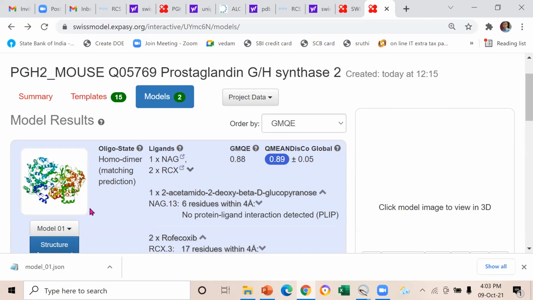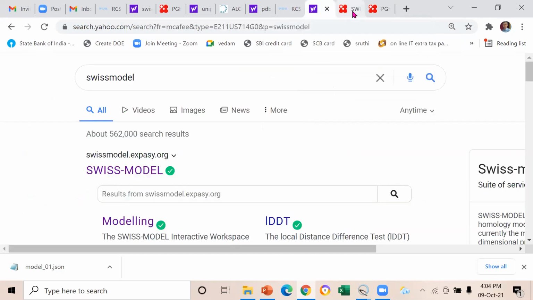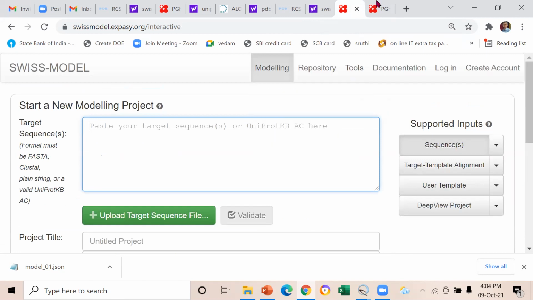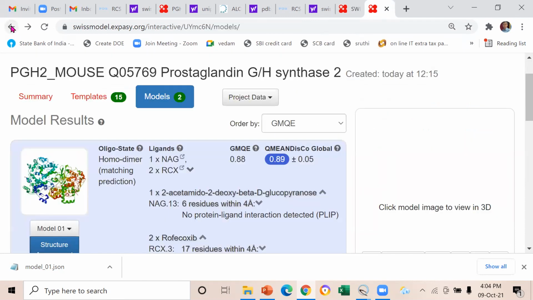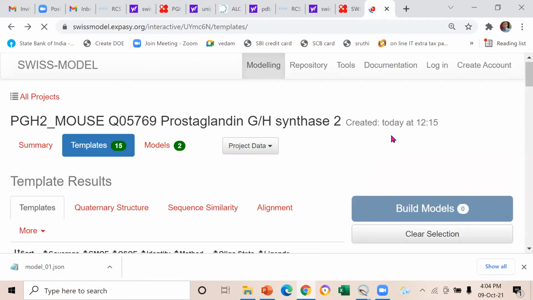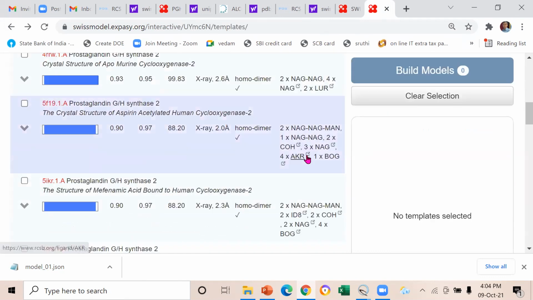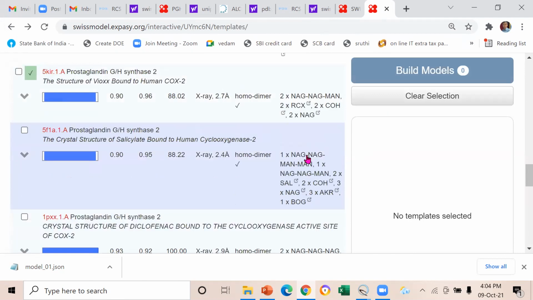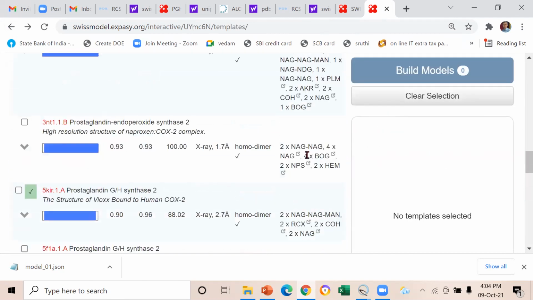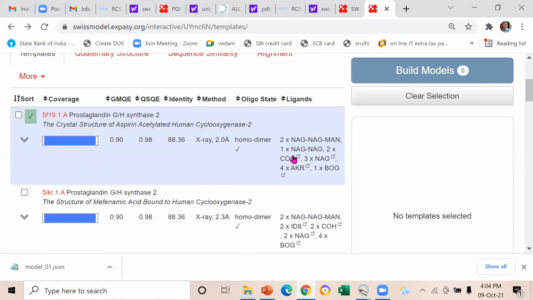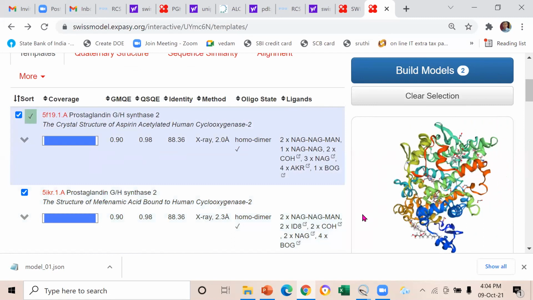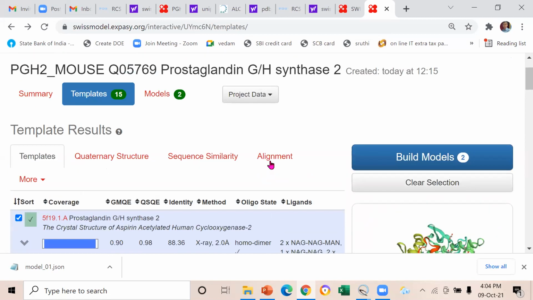Okay, anybody has any doubts on this? We can even use two proteins as a template. So it came up with many, right? Sometimes if you feel, you can use more than one to build your model. I can mark two proteins and say I want to model my protein using two templates.